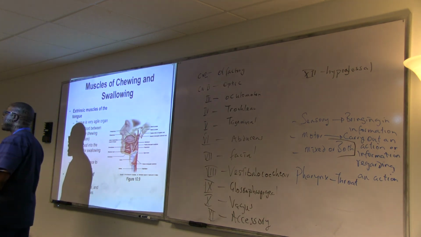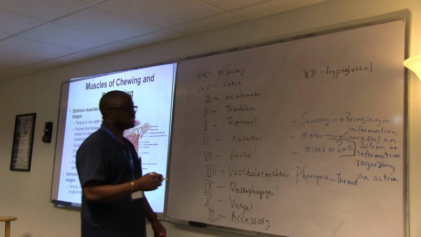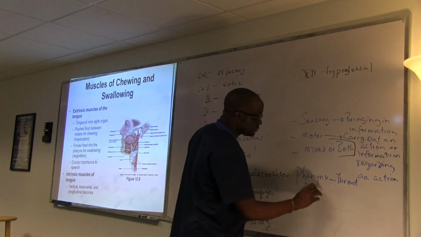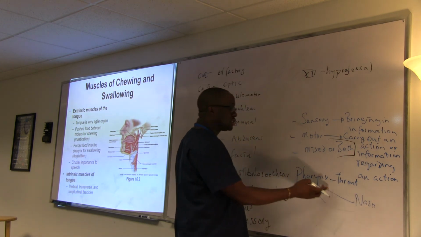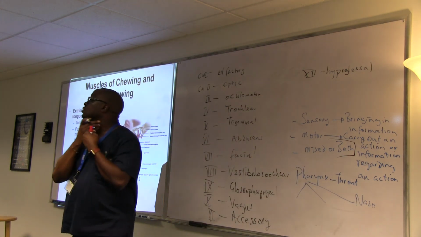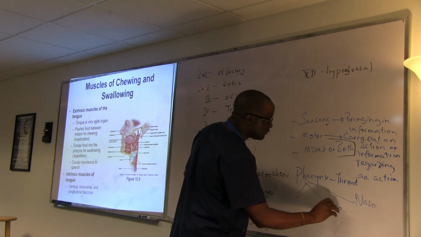And later on we'll see that the pharynx is divided into 3. We have the nasopharynx, the one that is close to the nose. Then we have the oropharynx.